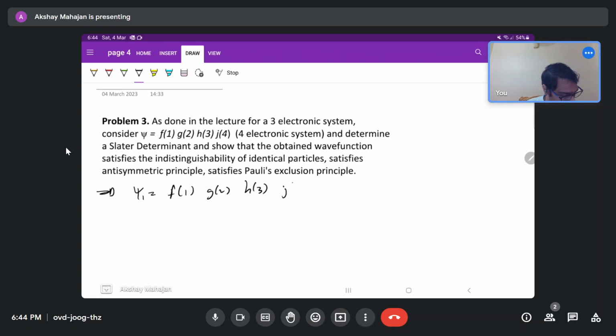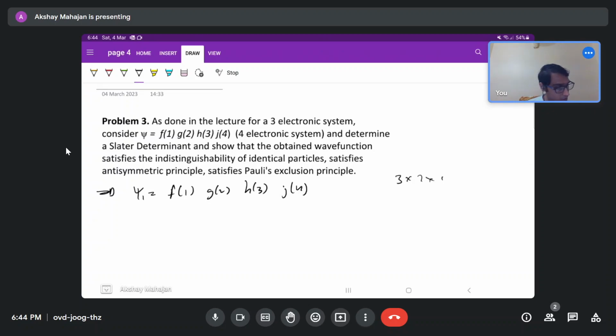I'm not going to write all of them because, as for the 3 electron system, we had 6 combinations. If you remember, for the 3 electron system, how to arrange these electrons.